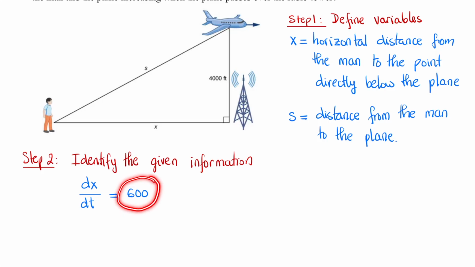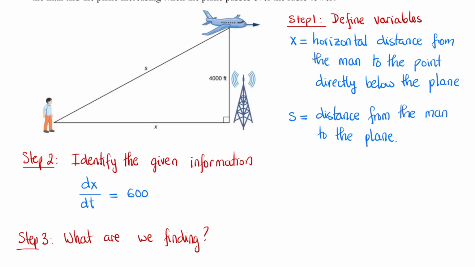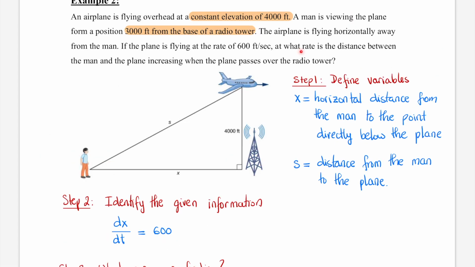That's because the plane is moving away from the man, so the distance is increasing. Step 3. What are we finding? We want to find the rate of change of the distance between the man and the plane. Here's the man, here's the plane. The distance from the man to the plane is s, and we want to find the rate of change of s, which is ds/dt.